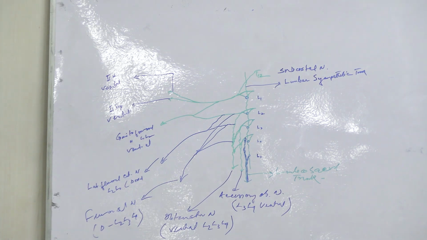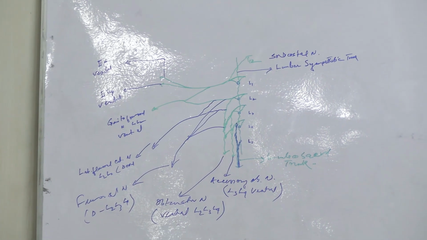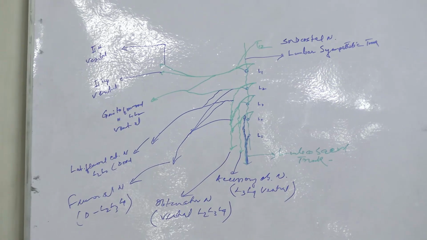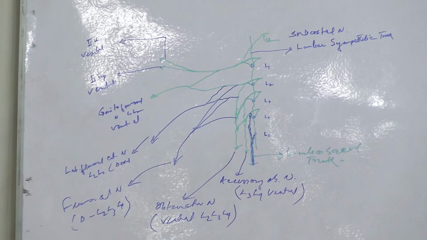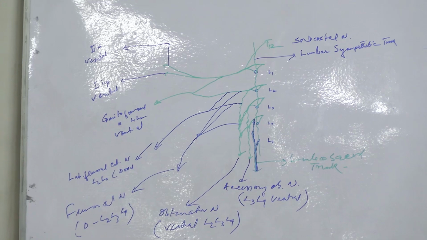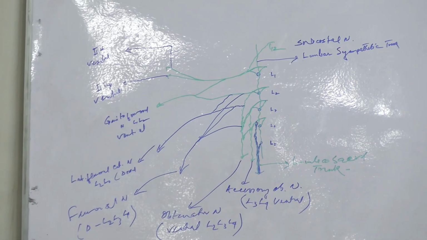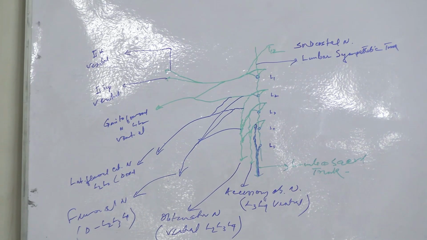Both are present in the upper 3 or 4 sympathetic ganglia, and this is absent on the lower part. That is, the 4th or 5th sympathetic ganglia don't provide both the grey rami and the white rami communicantes.